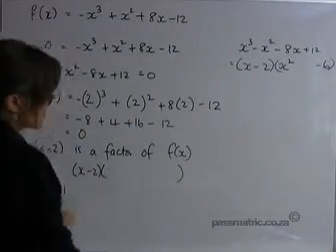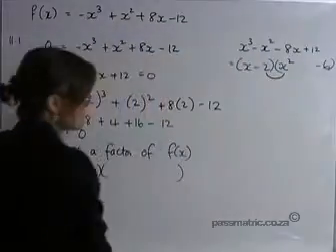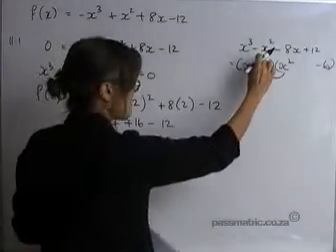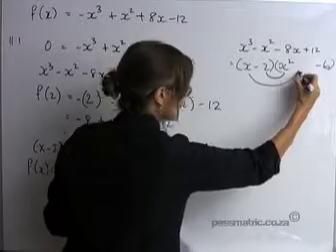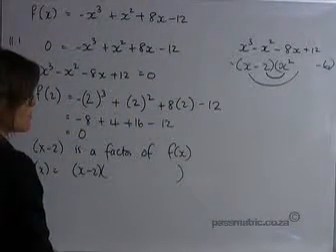So we need to say here, if I multiply these terms together, I'm going to get minus 2x squared. I want minus 1x squared. So what does this have to be so that I will land up with minus x squared?